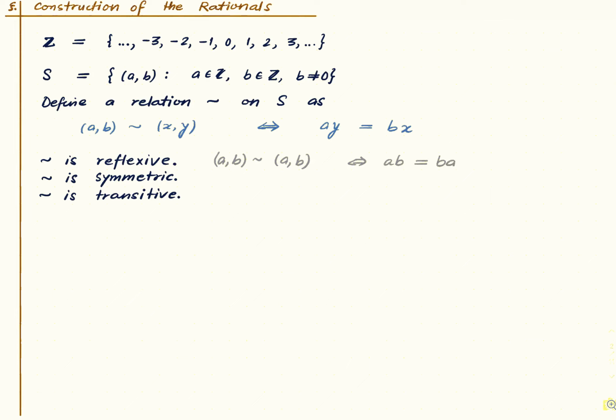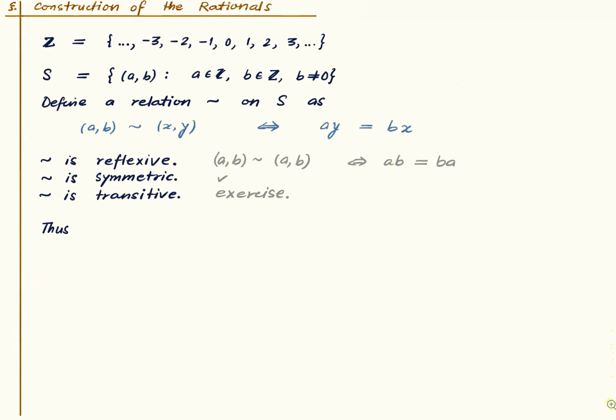So reflexivity follows, symmetry is trivial, and transitivity will require one line of computation. Let me leave this as an exercise. And therefore, tilde is an equivalence relation.